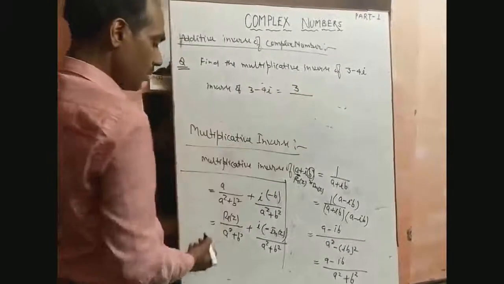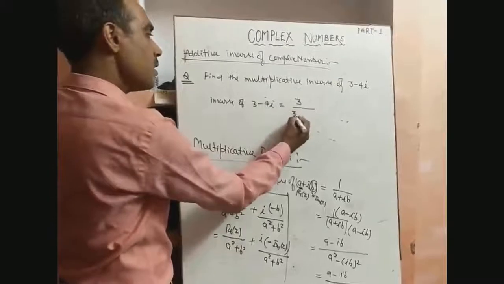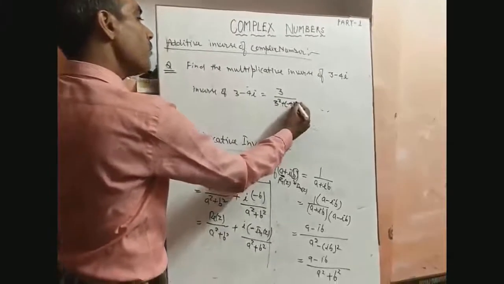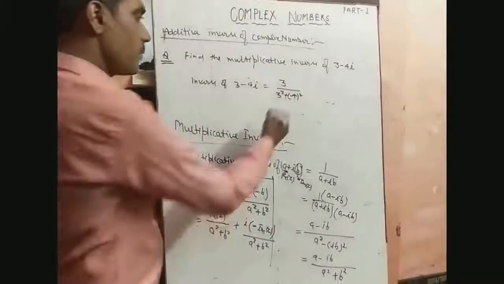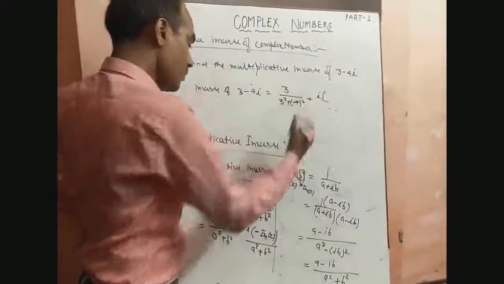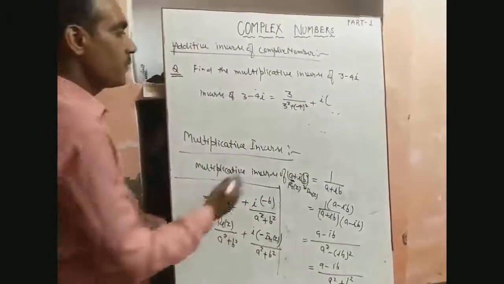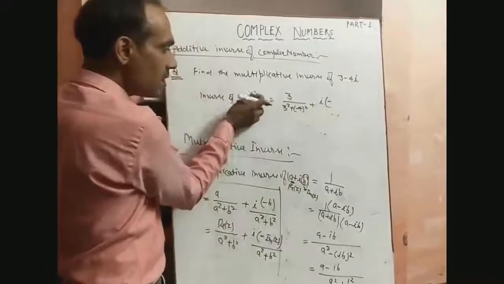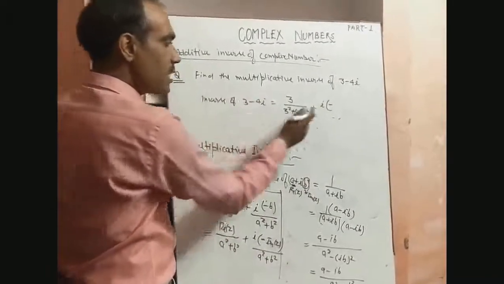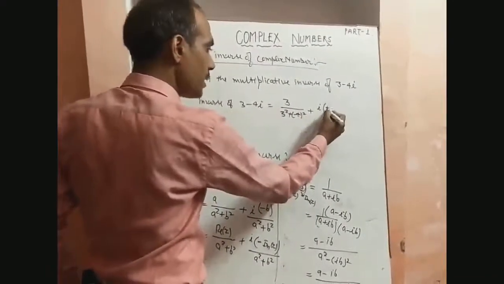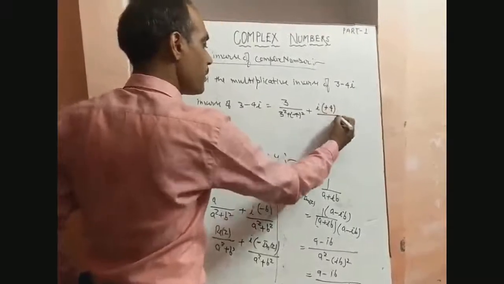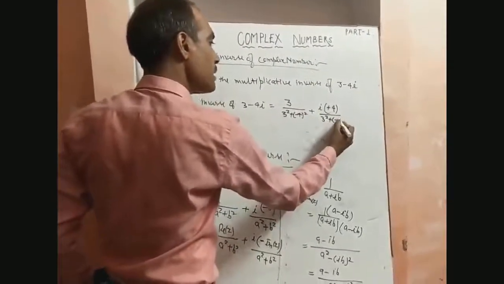Then 3 upon 3 square plus (minus 4) square, plus i into minus imaginary part, here the imaginary part is minus 4, so this sign becomes positive, upon 3 square plus (minus 4) square.